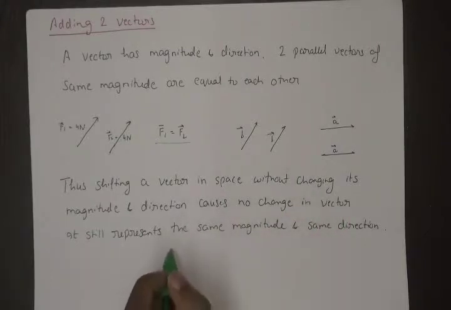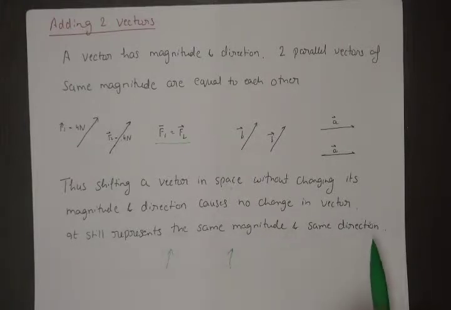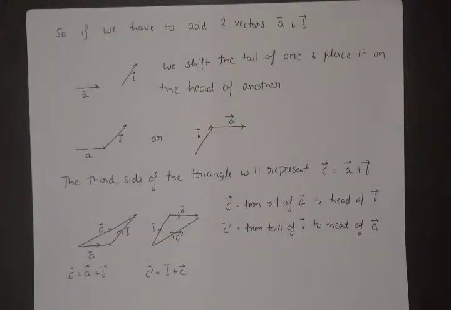Even let us say if I have shifted the vector from this point to this point, it remains the same. Why? Because I have not changed its magnitude, I have not changed its direction. It still represents the same magnitude and same direction. This property will be used while we try to add different vectors.